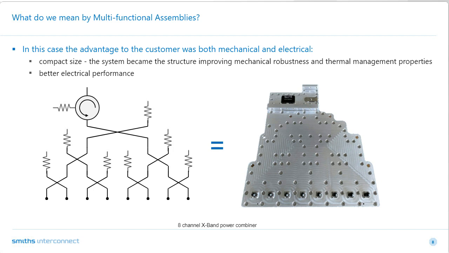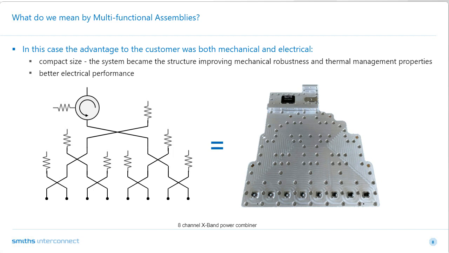And this system was designed for a satellite on the move application. It was going into a vehicle. The space was really, really tight in this vehicle. The thermal management properties of anything that goes inside the vehicle are clearly very important because it has to be kept cool. So size and weight are at a premium, and the thermal properties are important.